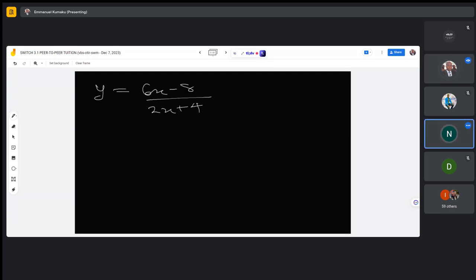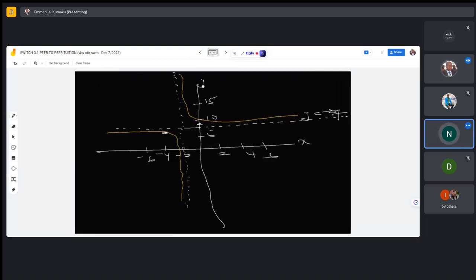When we drew the asymptotes, they were two. So are you sketching the graph for only the vertical asymptote? No, we have two asymptotes, vertical and horizontal. The graph shouldn't touch the horizontal asymptote.